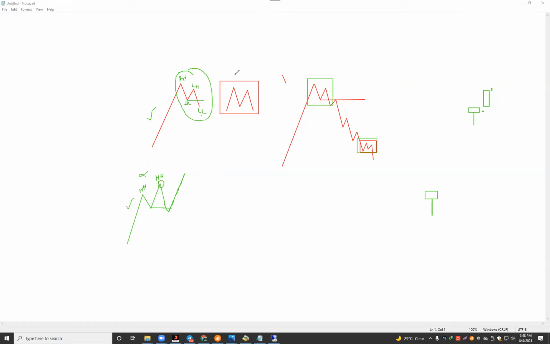Okay, so two points I'm going to show you here. This M, what is it showing? And this M, what is it showing? Downtrend. Can anyone tell me what the difference is? Only give me the answer on this line.